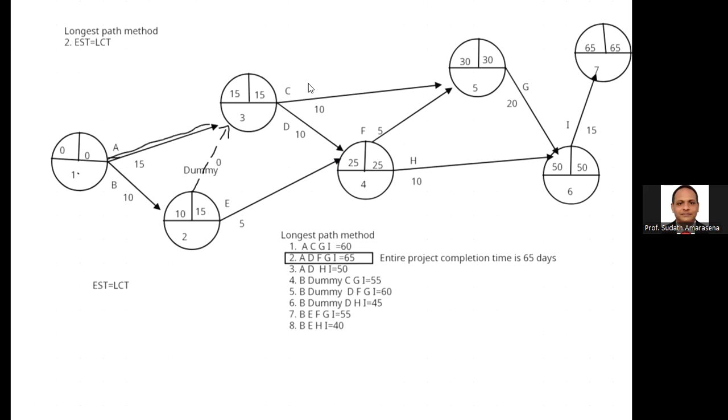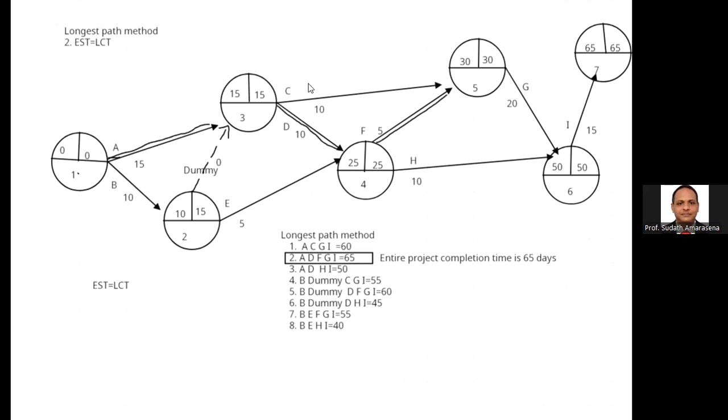If you go via C, you can't get 30 at event number 5. How do we get the 30? We should go via D and F: 15 plus 10 is 25, plus F 5, altogether 30. That's the way we should identify the critical path. That value should come via that particular activity, right?